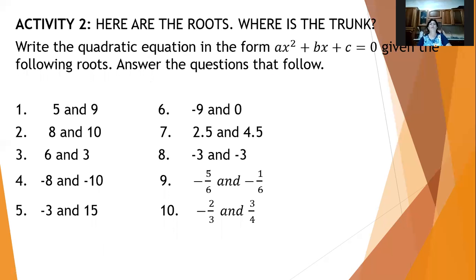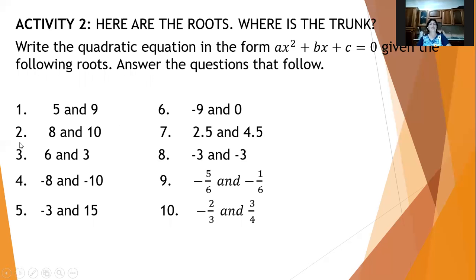Now, activity number 2. Here are the roots. Write the quadratic equation in the form ax squared plus bx plus c is equal to 0 given the following roots. Answer the questions that follow. Number 1, we have 5 and 9. What is the equation for this? It is (x minus 5)(x minus 9).